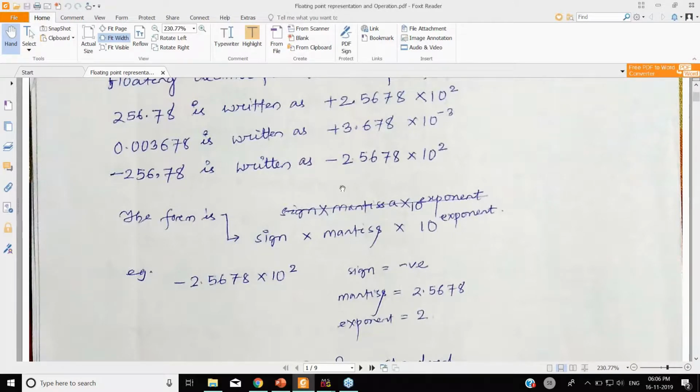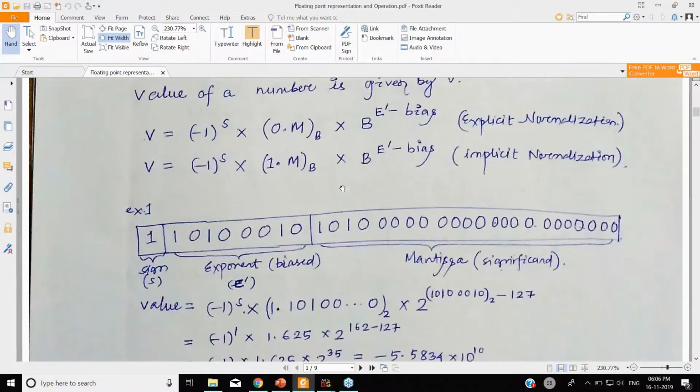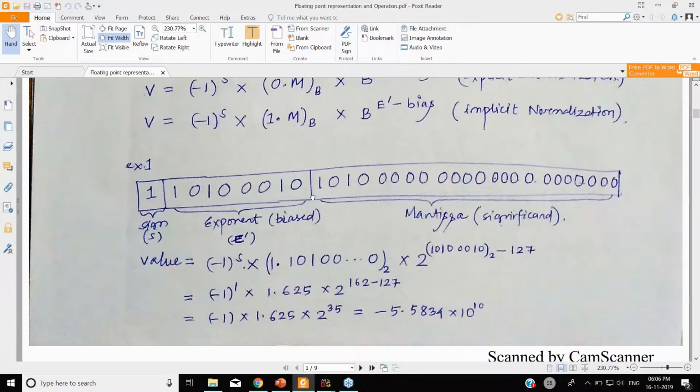Let us take the example and proceed further. This example has the value 1 as the sign bit, so it is a negative number. The exponent is stored like 1 0 1 0 0 0 1 0.